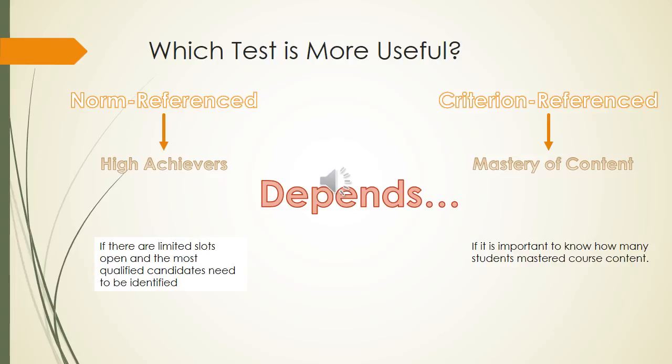Did you do as well as 91% of the students who took this test? If your percentile rank is 92%, that means you scored higher than 92% of the students that took that test. So if it is important to know how many students have mastered the content, then you need to give a test that measures or is aligned with those standards.